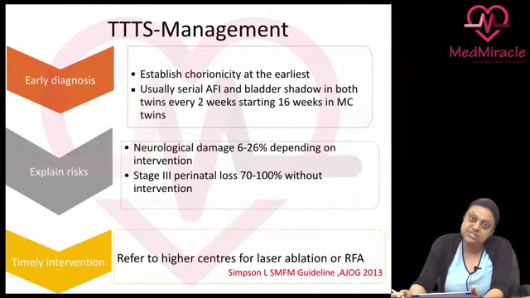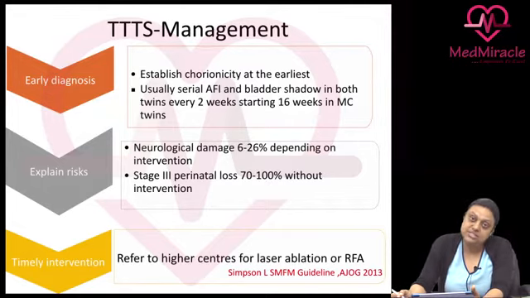Now let's come to twin anemia polycythemia sequence. In this condition, there is significant hemoglobin difference between the donor and the recipient twins without the discrepancy in the amniotic fluid. That is, there will be no oli-poly sequence. However, we will find that there are Doppler changes. Spontaneous TAPS usually occurs after 26 weeks, and iatrogenic TAPS develops within 5 weeks of laser treatment.